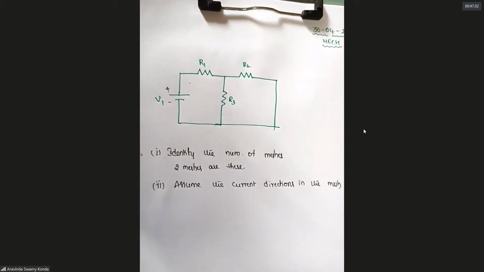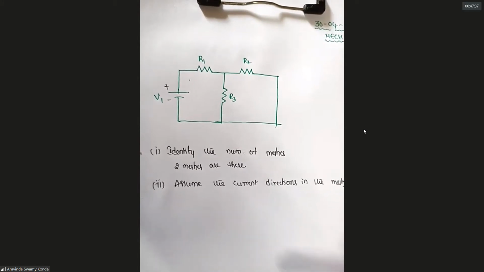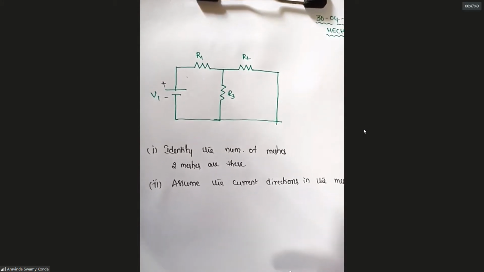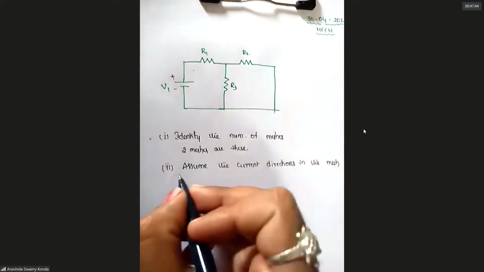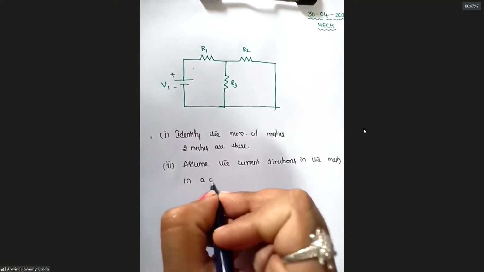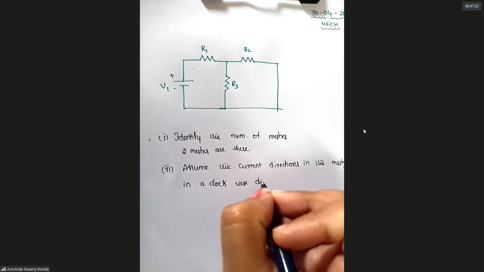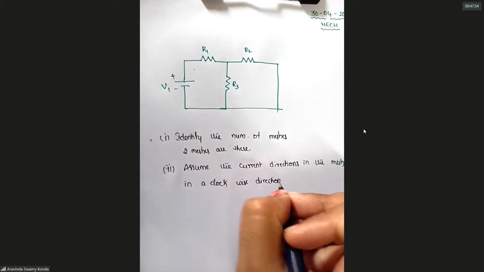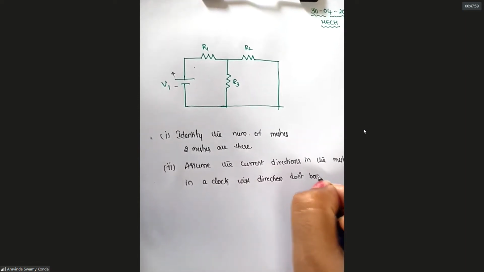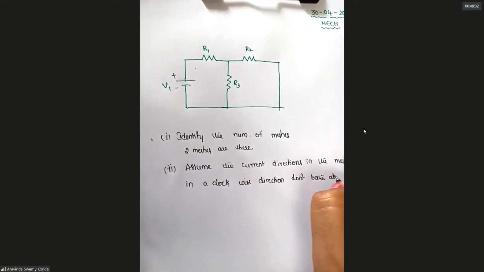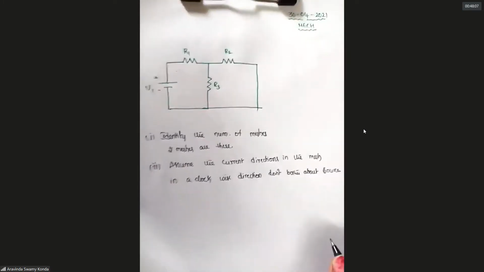Whatever the source position is, assume the current direction in a mesh in a clockwise direction. In what direction? In a clockwise direction. Don't bother about the source.